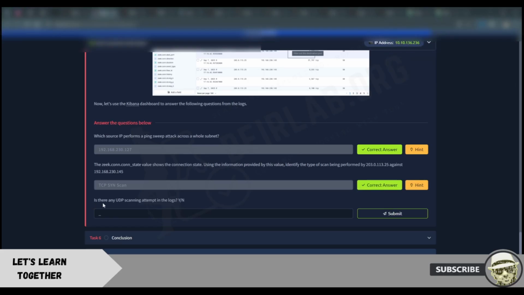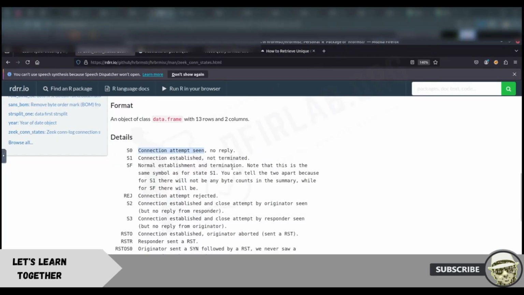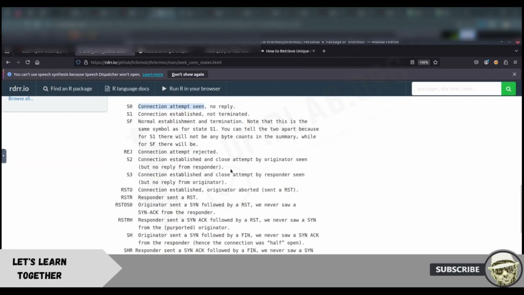That's it. Is there any UDP scan attempts in the logs? Let me check real quick. Do we have UDP in here? Nope.